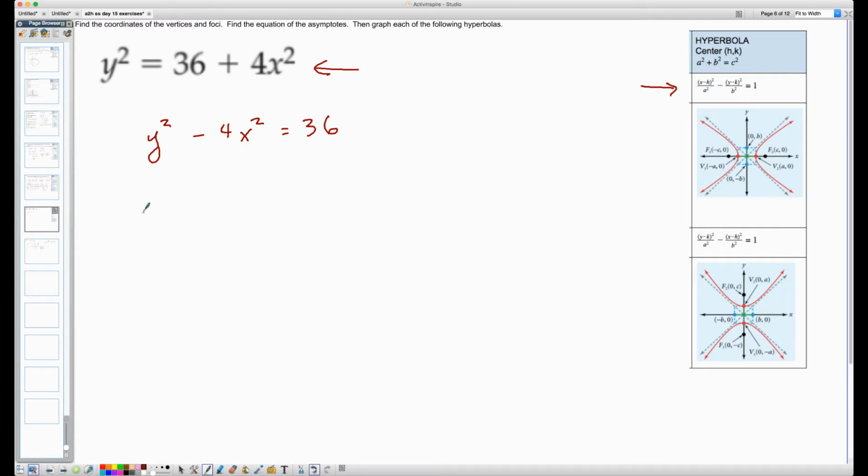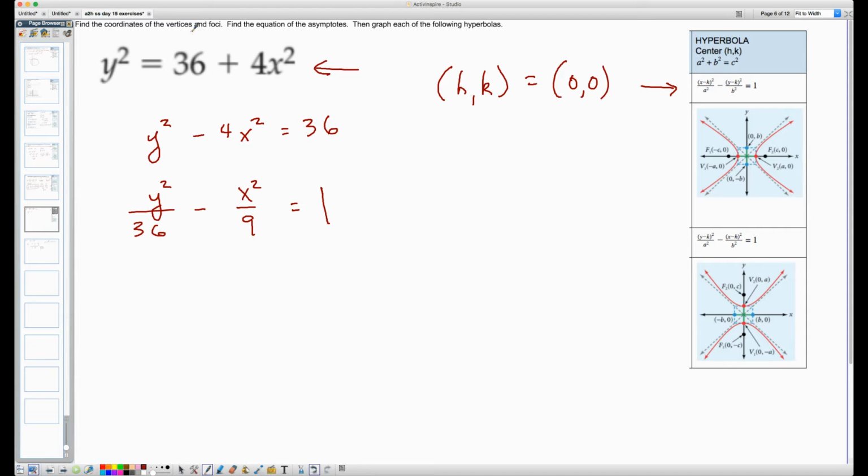I'll divide both sides by 36. So I get y squared over 36 minus x squared over 9 is equal to 1. Notice my center is my (h, k), and the center is equal to (0, 0).